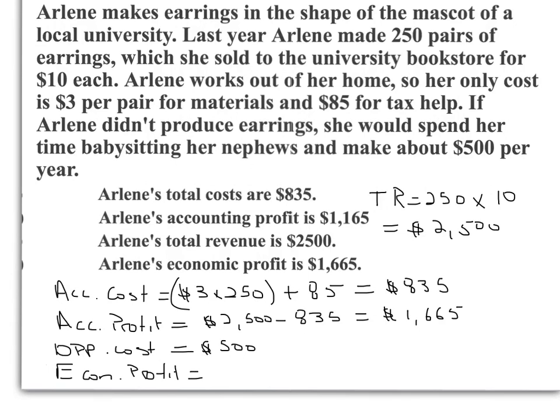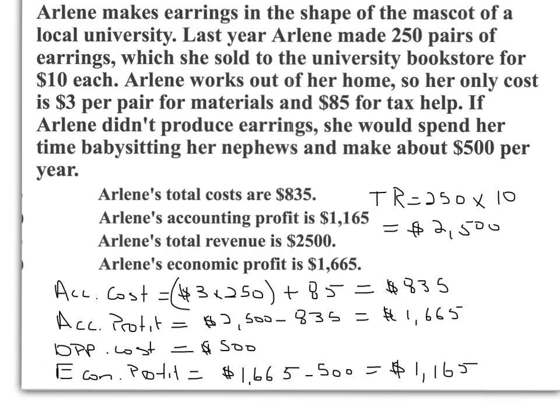It's essentially going to be the accounting profit minus the opportunity cost. So that will be equal to 1,665 minus the 500. Once we include the opportunity cost, her economic profit, which is a relevant profit, is $1,165.